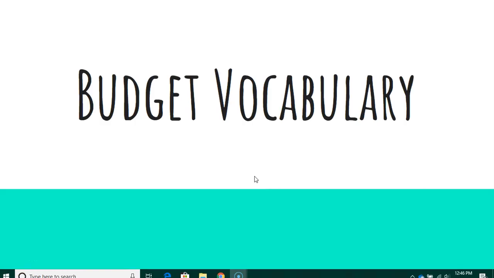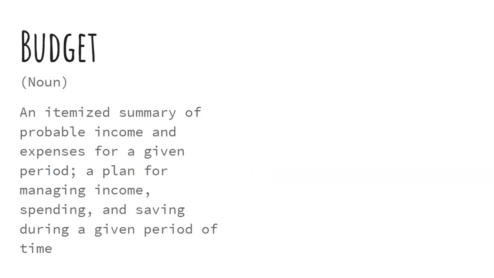All right, today we are going to be talking about some vocabulary words regarding budgeting. We kind of already talked about what a budget is, but just as a quick reminder, it is a summary of probable income and expenses for a given period.